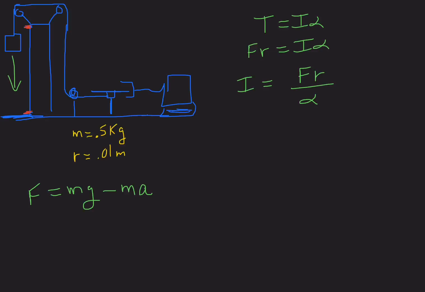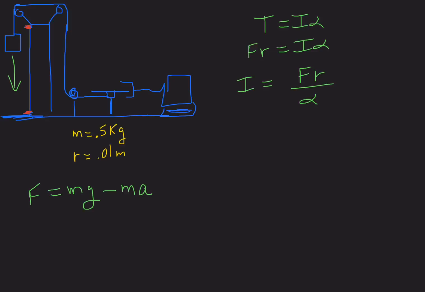So this force right here will be the amount of force that's actually causing this object to spin. This is the total force available by the weight. I'm subtracting out the force needed to accelerate itself, and whatever's left will be the force that's spinning this thing, which is what we want. So this is my equation for the force that I need to put into this equation.